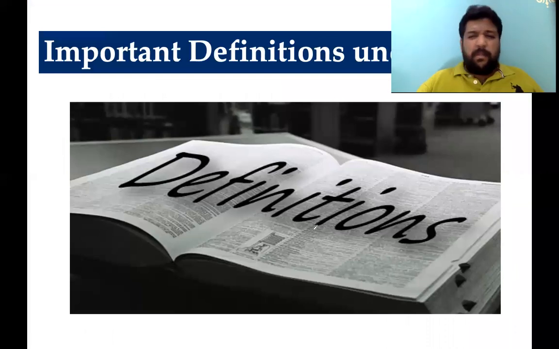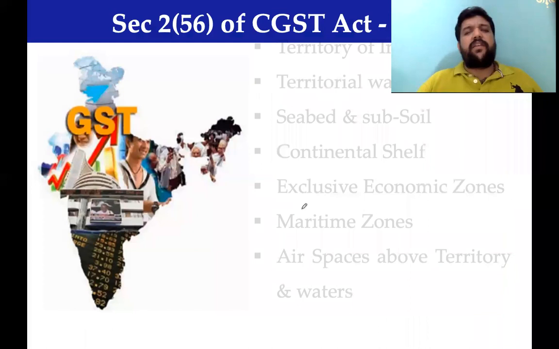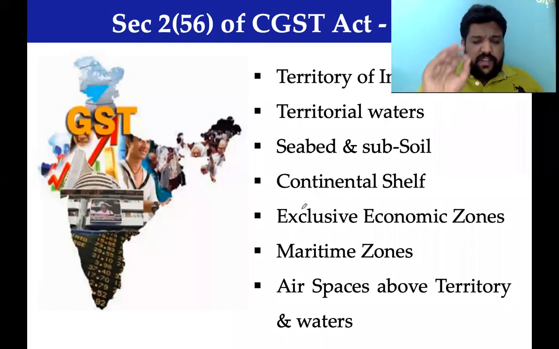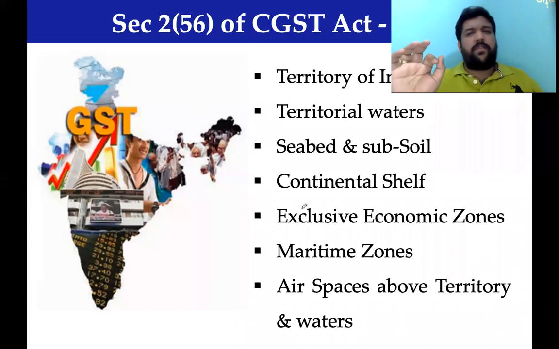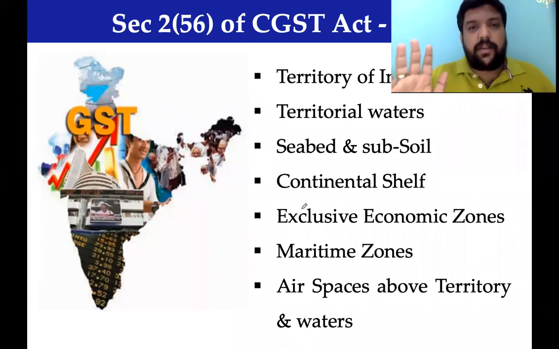Getting into some important definitions under GST. Very, very important definitions. Some of these definitions listed here are picked up verbatim for the exam and tested for 2 marks. Make yourself comfortable. Only for the 2 marks we are learning here. Beyond that, nothing great here.